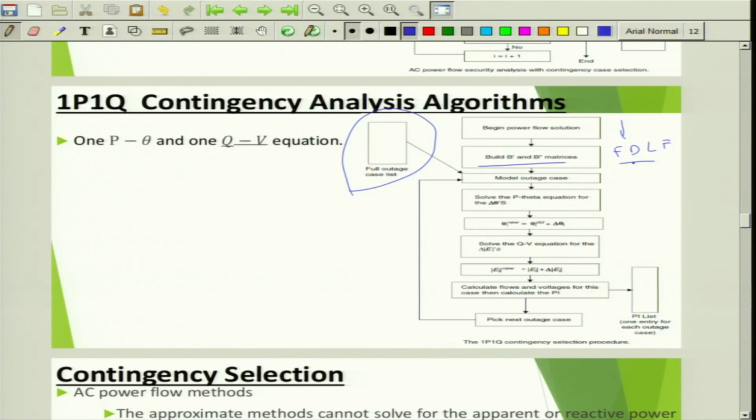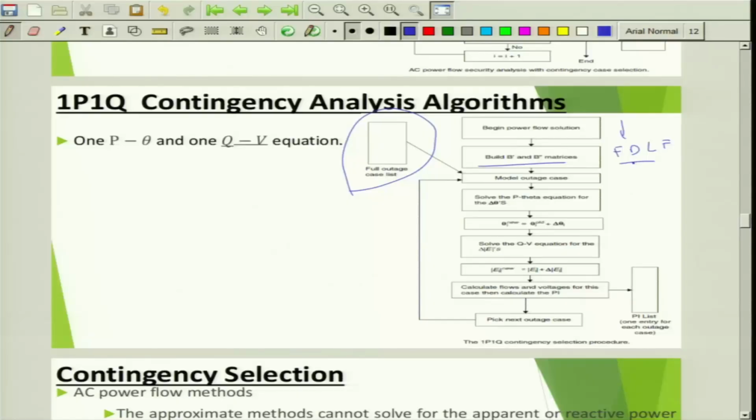Then you get an idea, for each outage, of the maximum deviation in voltage and phase angle at different buses, because FDLF is also a very quick approach. Then the P-theta and QV equations are solved, and finally you calculate flows and outages for this case and then calculate the performance index. So this is another approach.